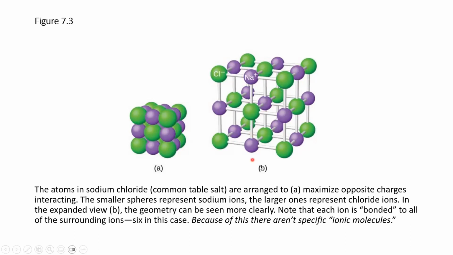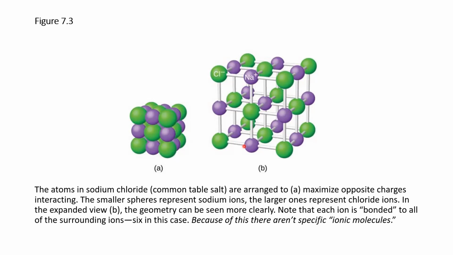But they're all bonded to different ions. So we wouldn't say that we've got one specific molecule, and we wouldn't refer to the ones labeled as this is one molecule and this is another. It's just going to be a larger sample of sodium chloride with those atoms interspersed.